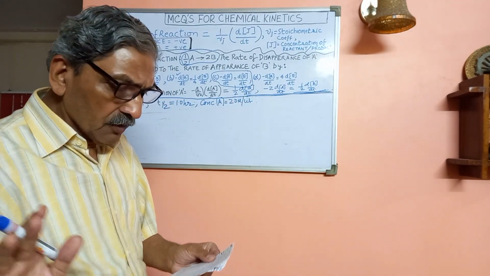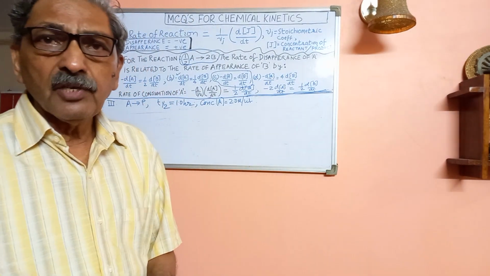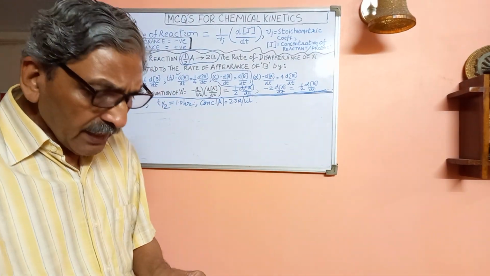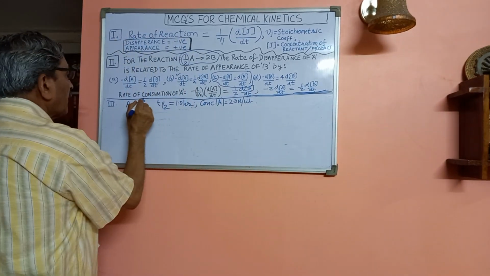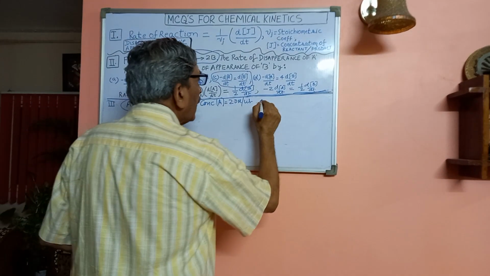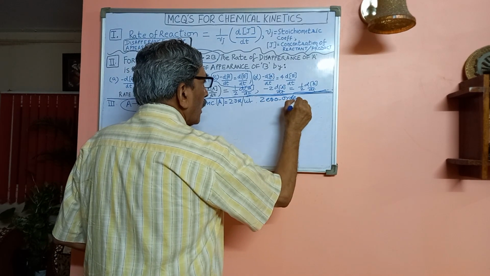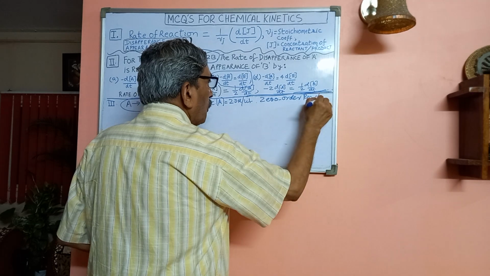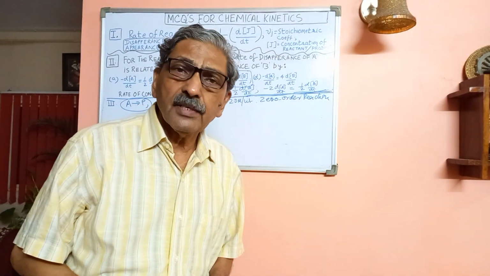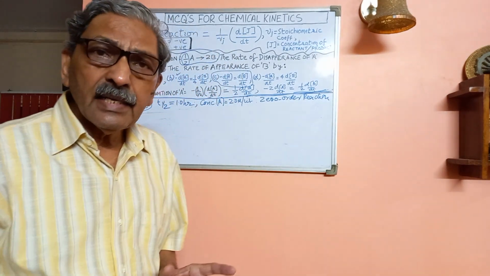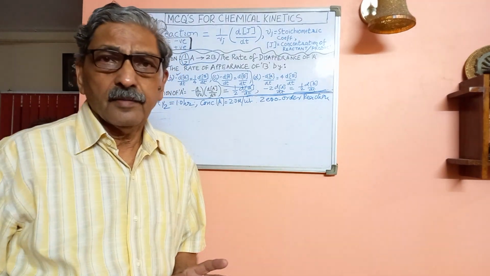So these are the two important pieces of information. We have the T half value, we have the initial concentration of A, and then it says that this reaction is actually a zero order reaction. Now what do we mean by a zero order reaction? A zero order reaction is a reaction in which the rate is not dependent upon the concentration of the reactant.